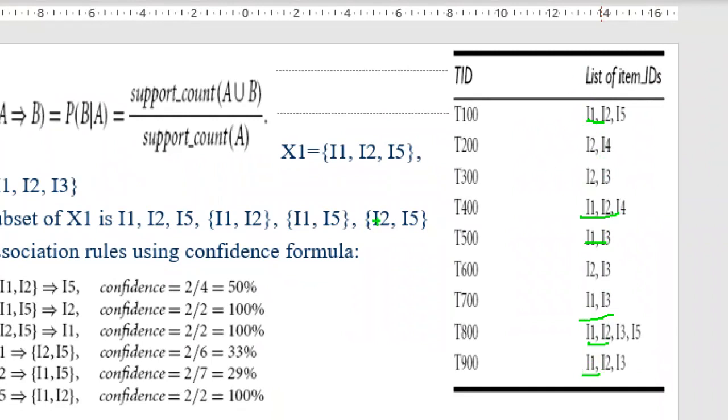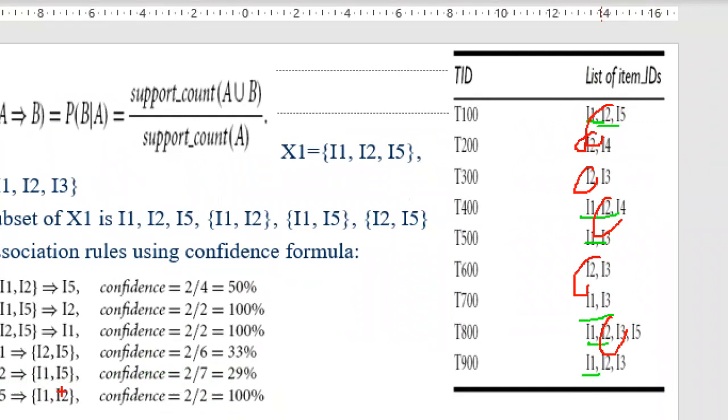So six times I1 appears. So 2 by 6. Likewise, I2: I2 appears one time, two, three, four, five, six. So 2 by 6, 33%.